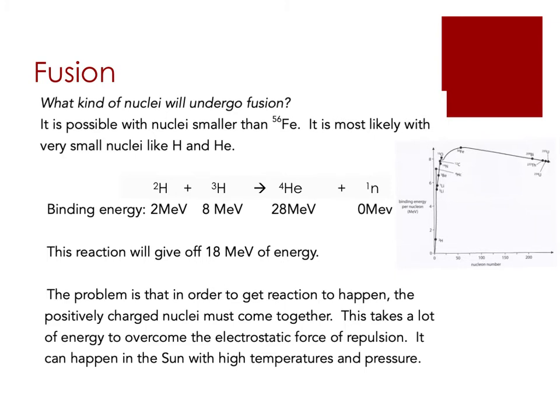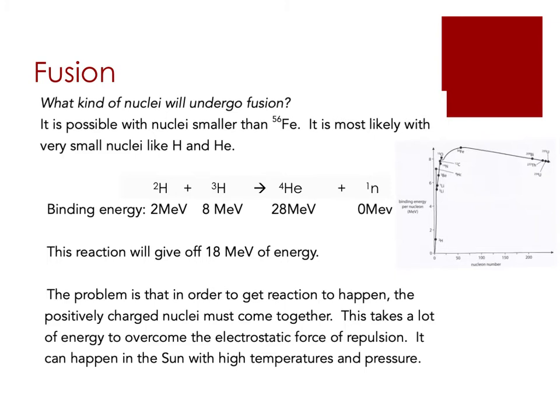This takes a lot of energy to happen, and if you've ever heard about cold fusion, that's the idea that it's happening basically at room temperature or something other than the sun. The sun has such a high temperature and pressure in the center that we can get these nuclei close together to create one nucleus.